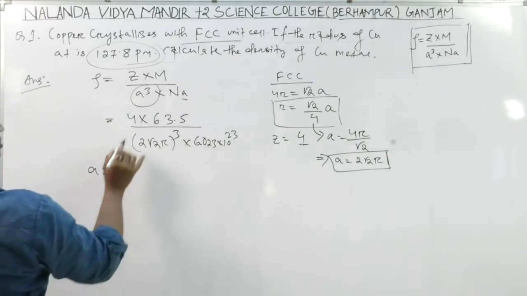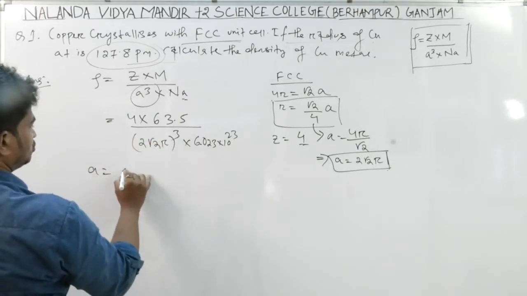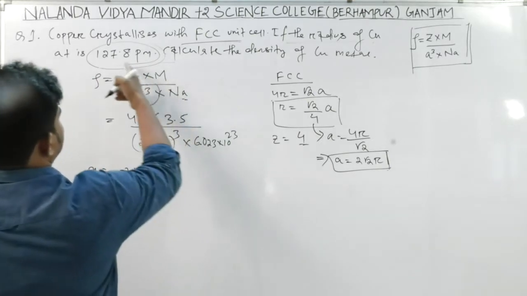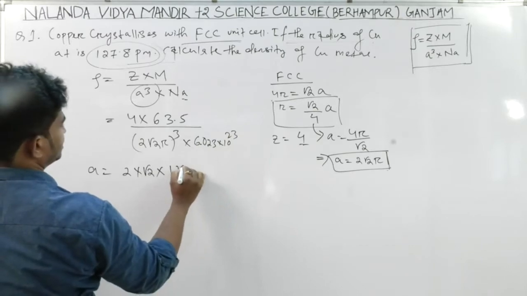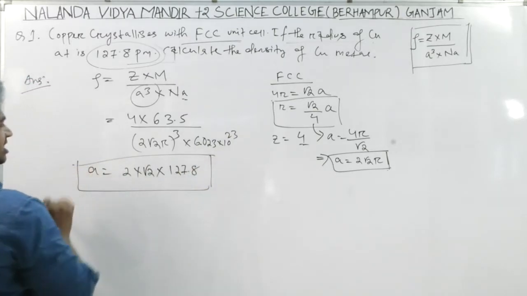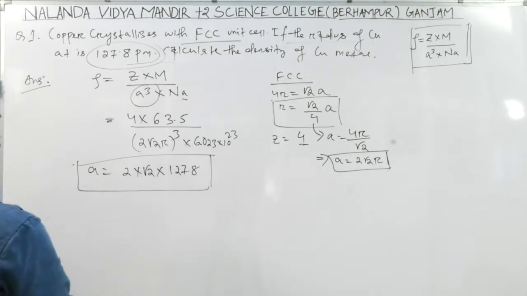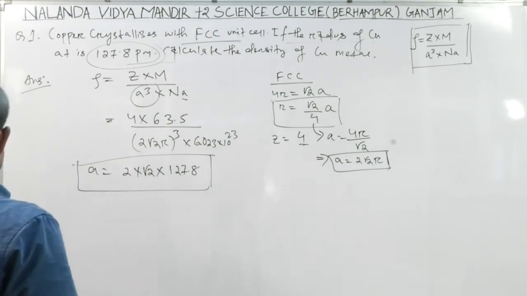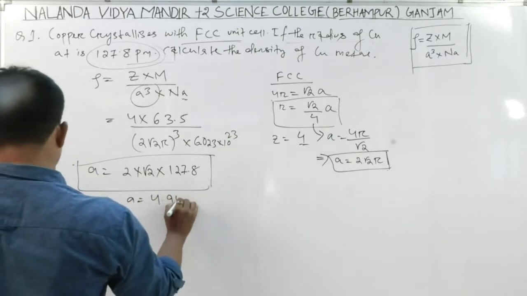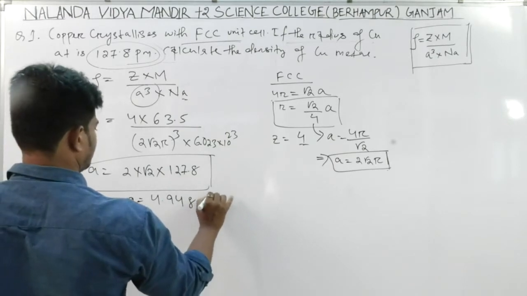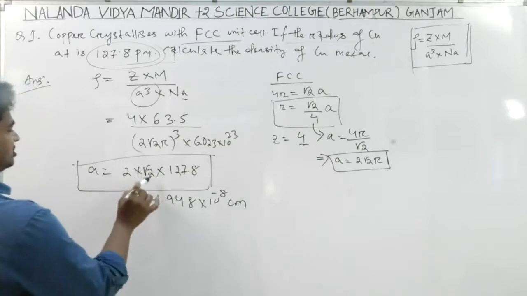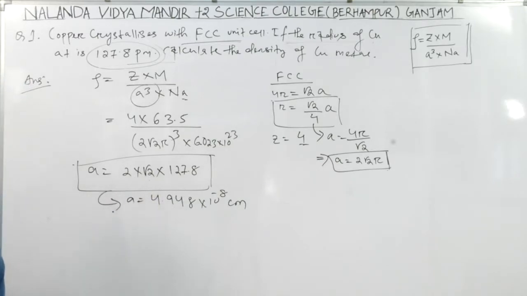A is equal to 2 into root 2 into R, where R is 127.8. By taking this, A is equal to 4.948 into 10 to the minus 8 cm. Okay, by calculating this we will get this.